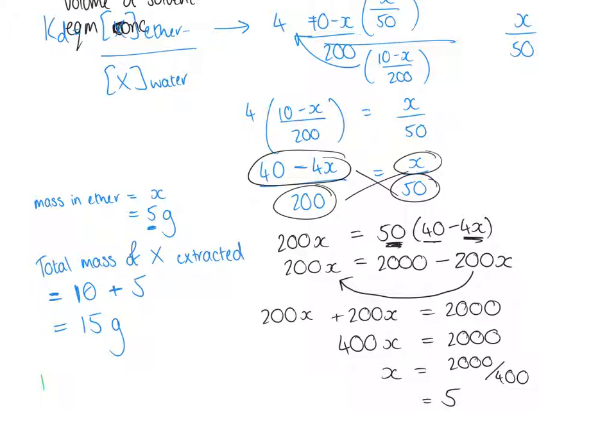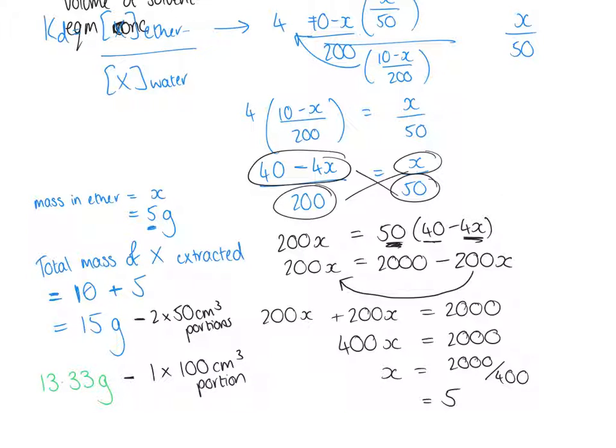And we found that we extracted 13.33 grams from one washing of 100 centimetres cubed. And so you can see that we extracted 15 grams from 2 times our 50 centimetres cubed portions, versus 13.33 grams extracted from 1 times 100 centimetre cubed portion.